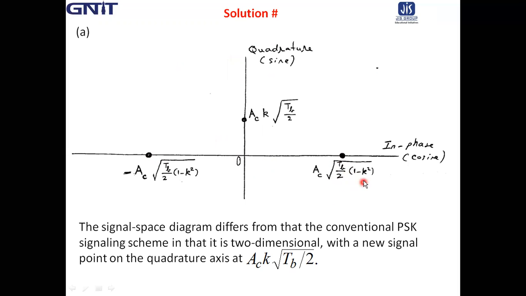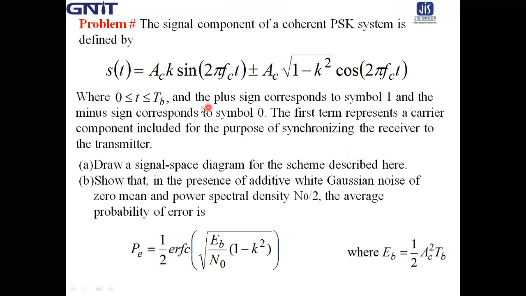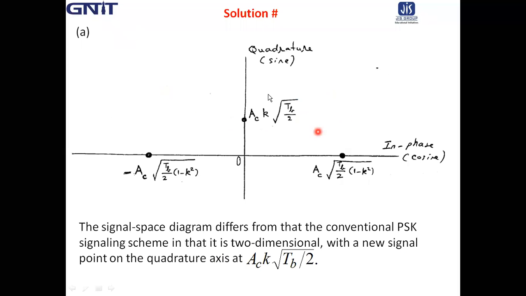AC square root of TB by 2 times the square root of 1 minus K square, and minus AC square root of TB by 2 times the square root of 1 minus K square, and the sine part, that is AC K into square root of TB by 2. So in the quadrature sine part and the cos part, one is plus 1 and the other is minus 1.